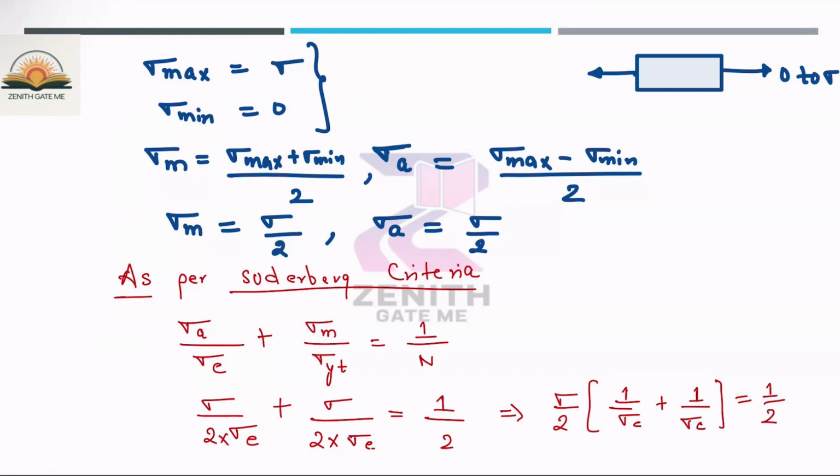Okay. Now, from here, this 2 will cancel out. That means 2 divided by sigma e is equal to 1. So from here, you can easily write the sigma value is nothing but sigma e by 2. That means the sigma principal stress value will be equal to half of the endurance limit.